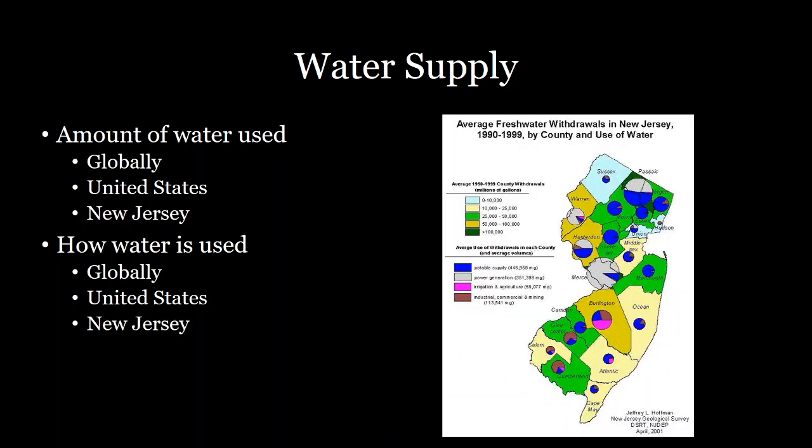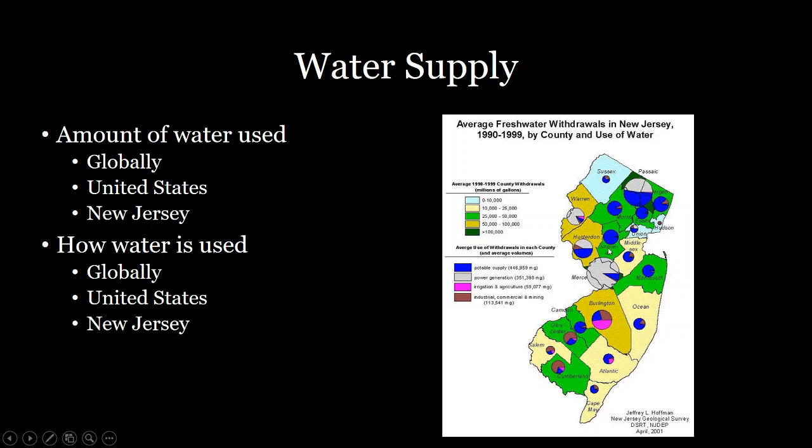If we look at New Jersey, we can see here this is the distribution for each county of how that water is being used. So the blue is how much goes into municipal water supplies for drinking water.